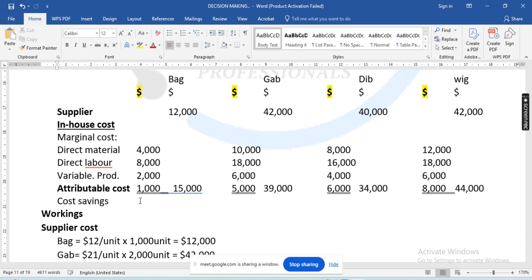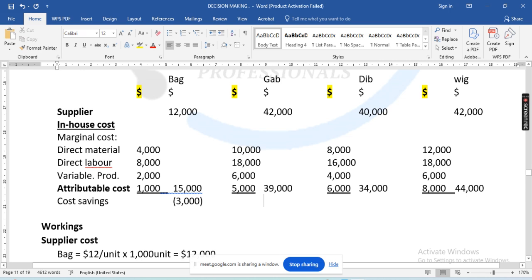What is the difference? The first one is 3,000, now negative, $3,000, right? Which is negative, which means you have to get it outside. Positive or negative? Positive. Now it will be negative.